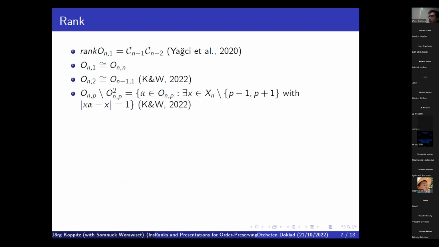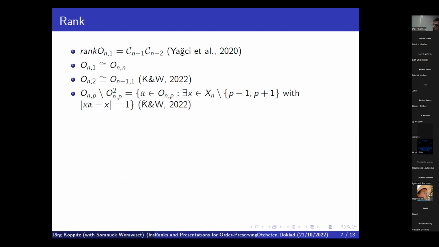These transformations have the following property: they have at least one element which has only difference 1 between image and input. That means the difference between image and input is 1, and you find exactly 1, except for the neighbors of P, because the neighbors of P have the image P.